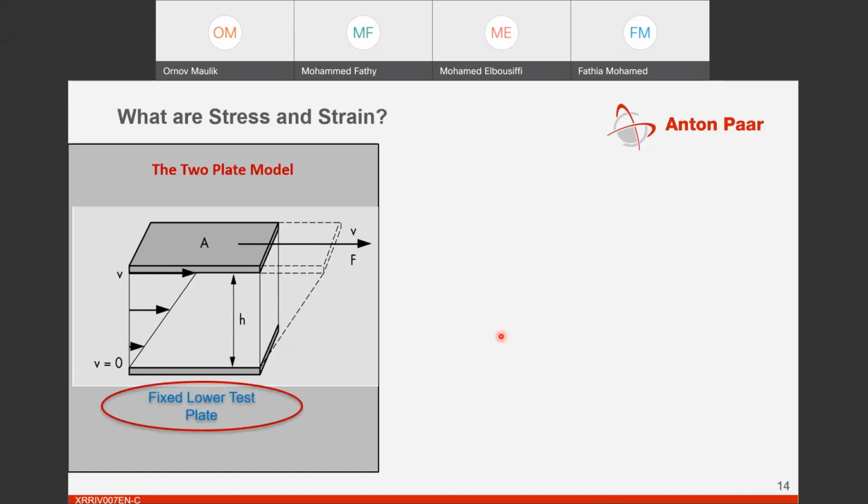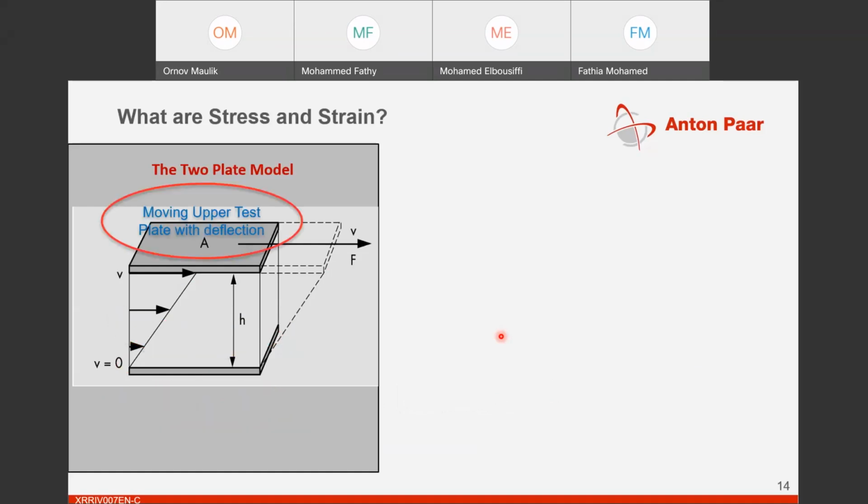The bottom plate is fixed and the upper plate is moving. If you remember our yesterday's session, we discussed velocity and area. In this case, velocity is replaced by a parameter S, which is a displacement.